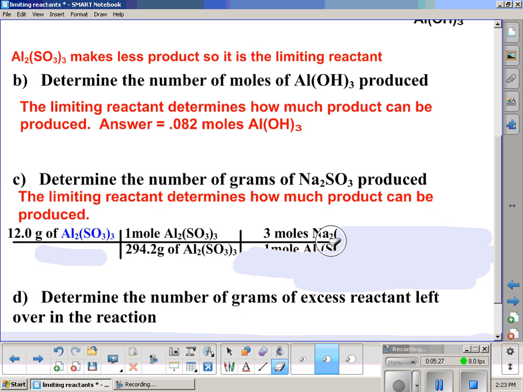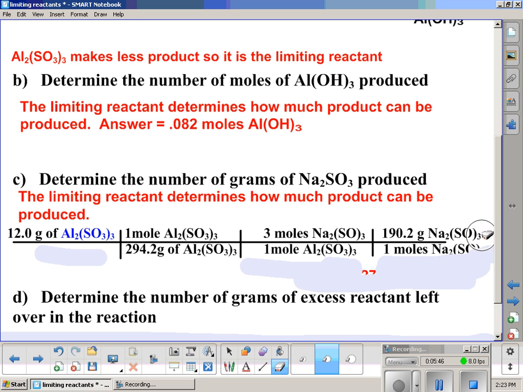So that's our mole to mole ratio. And now that we're at moles, we have one thing left to do. We have to find grams of sodium sulfate. So we go from moles of sodium sulfate to grams, simple unit conversion.